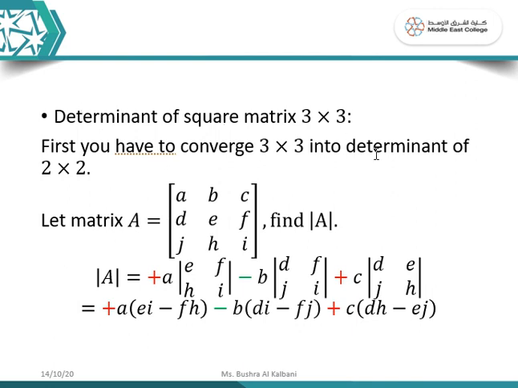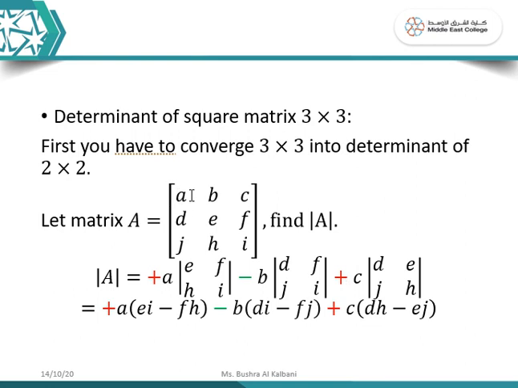Okay, if you have a 3 by 3 matrix, to find the determinant you change it or convert it into 2 by 2. First you apply the Pascal sign pattern: you change the signs of the first row, positive, negative, positive.